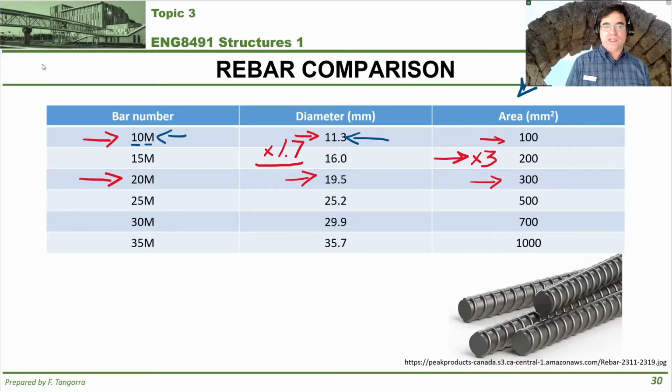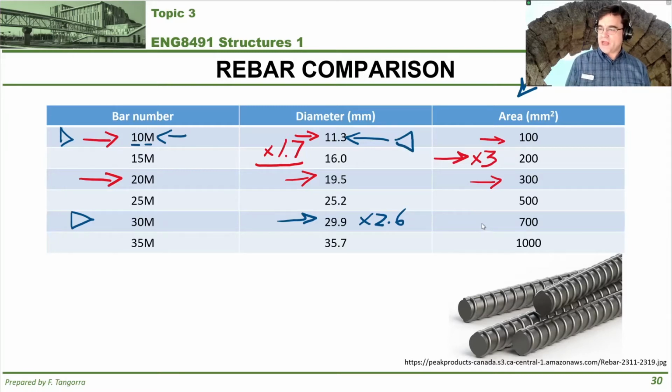So for example then, let's compare a 10M bar against maybe a 30M bar. You'll notice that the diameter of a 30M bar is approximately 2.6 times the diameter of a 10M bar.